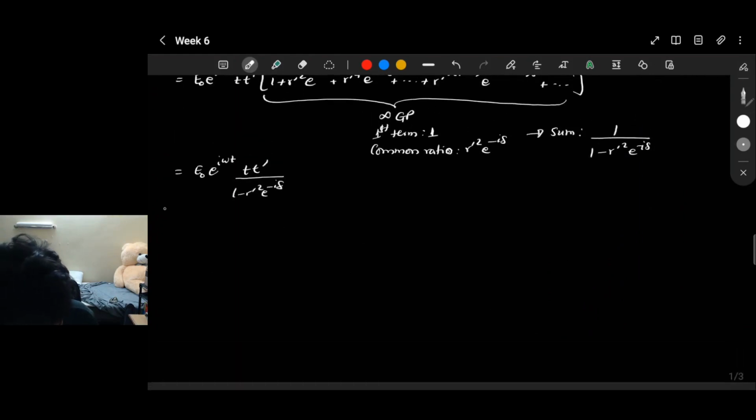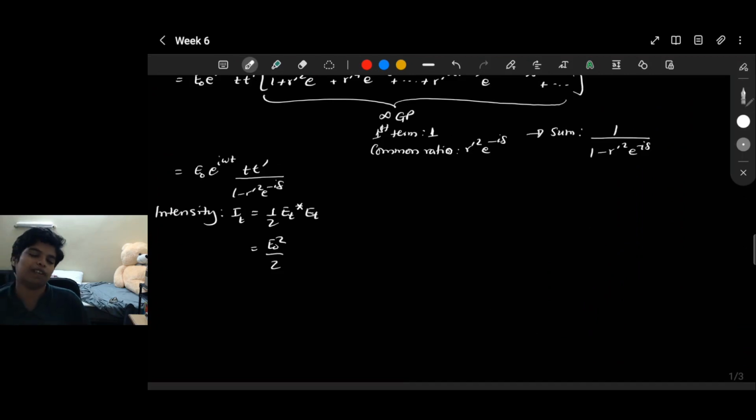Again, the intensity IT is half ET star ET. This is E naught squared by 2. E to the power i omega t and e to the power minus i omega t, they cancel out. And in the numerator, we have t prime squared.